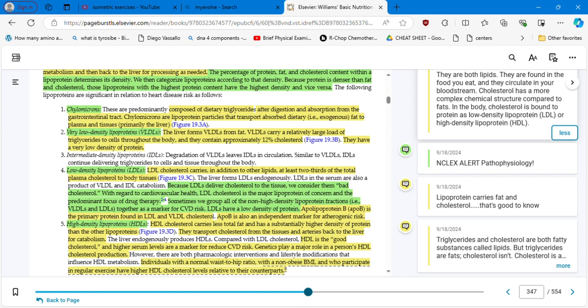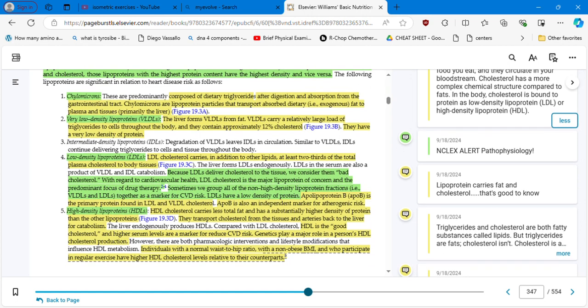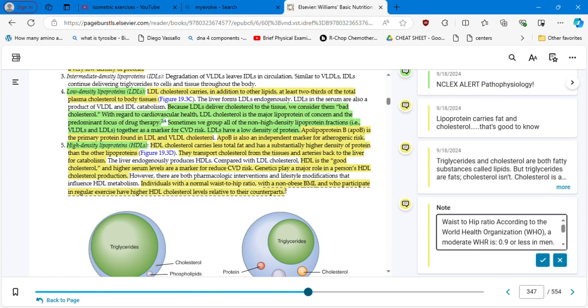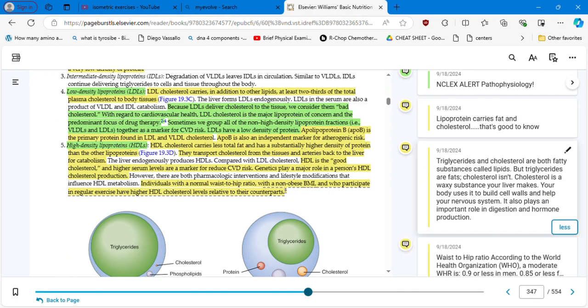Now I want to say something about triglycerides, because people get confused between triglycerides, cholesterol, and fat. For example, triglycerides and cholesterol are both fatty substances. They are lipids, right? Triglycerides are fats. Cholesterol is not fat, as I explained before.